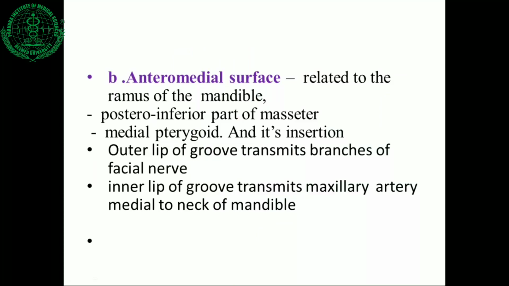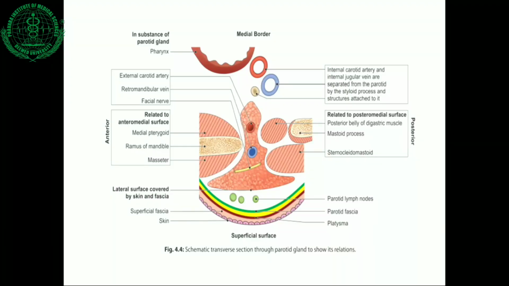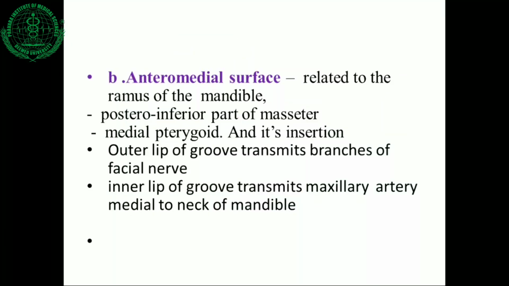Then after the superficial surface of the parotid gland, now regarding the anteromedial surface of the parotid gland. The anteromedial surface of the parotid gland is related to the posterior aspect of the ramus of the mandible.